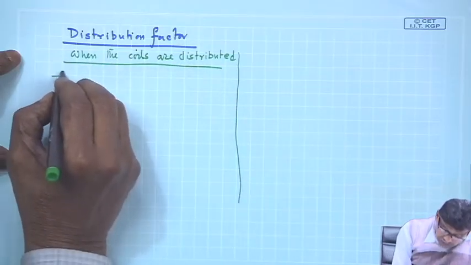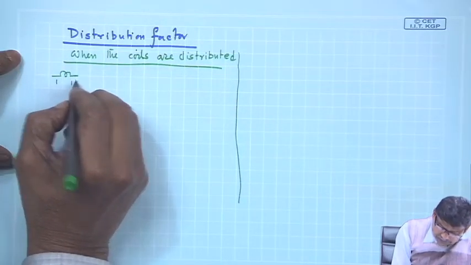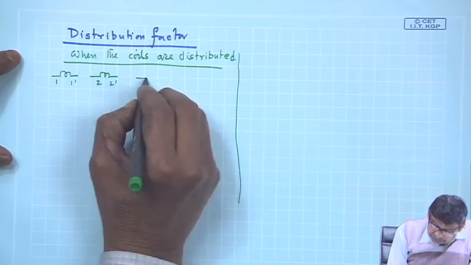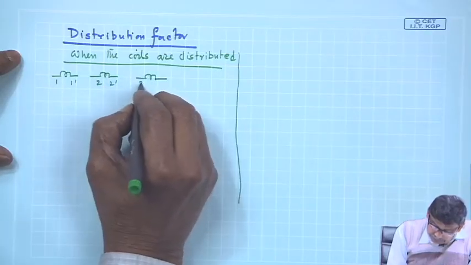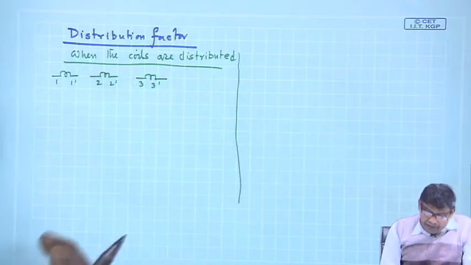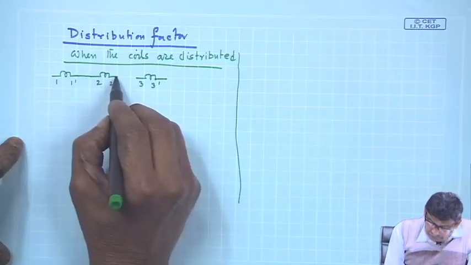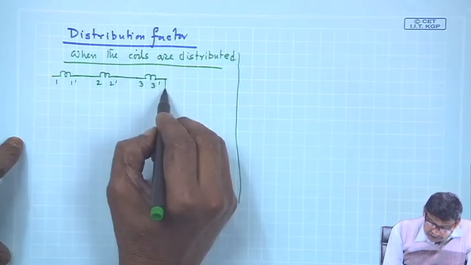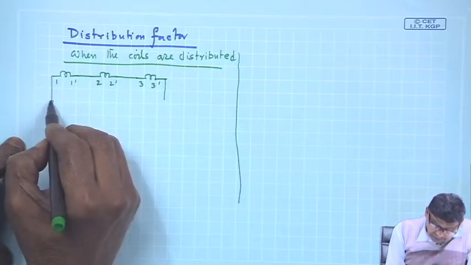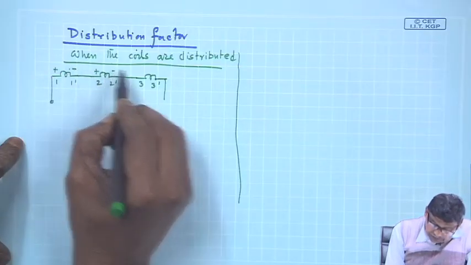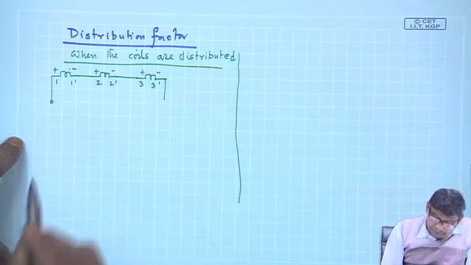So, the connection is same, 1 1 dashed, 2 2 dashed and 3 3 dashed, and I will connect them in series, and I will examine this resultant voltage. So, this is plus minus, this is plus minus, this is plus minus.